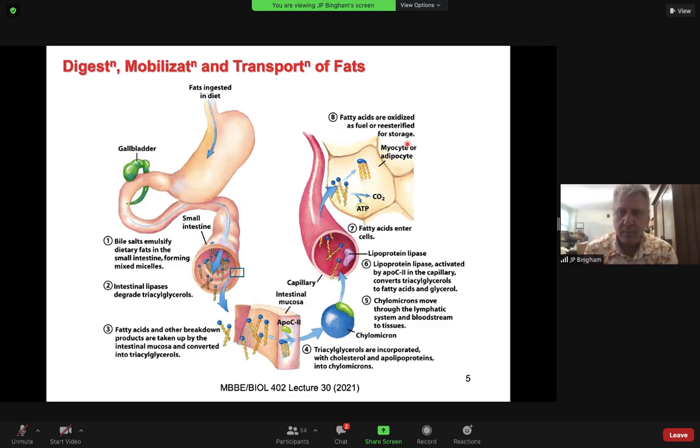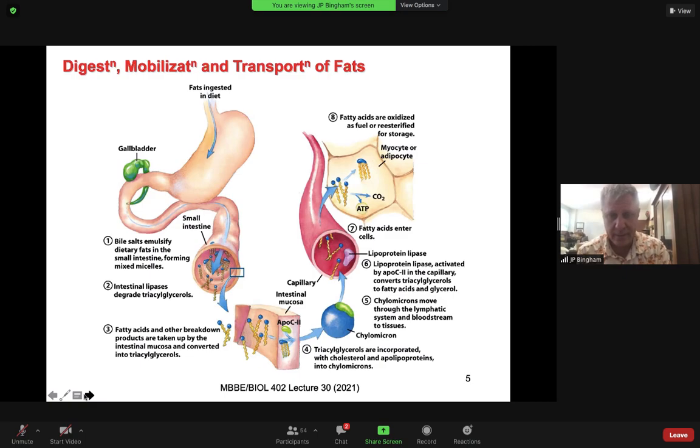The myocardiocyte, or the heart cells, are very specialized because they actually utilize fatty acids as a preferential energy source over glucose. So in that particular case, we need to make sure that we have a ready supply of these free fatty acids circulating in the circulatory system to feed the myocardiocytes.